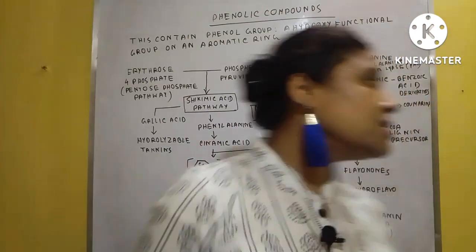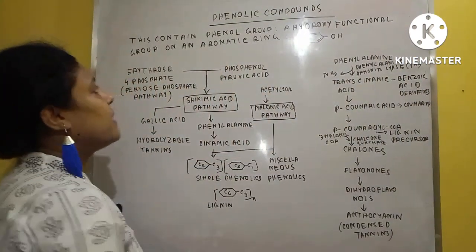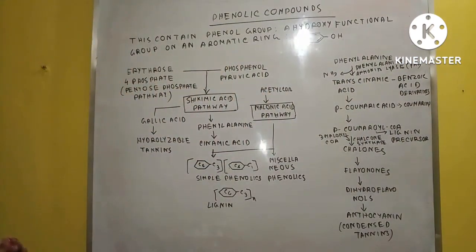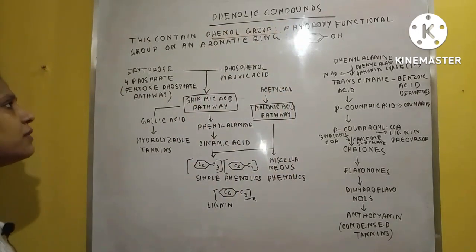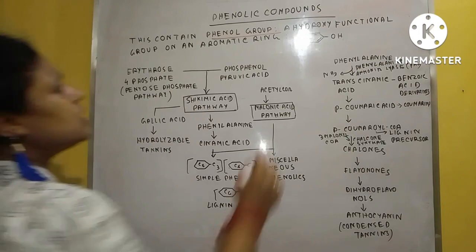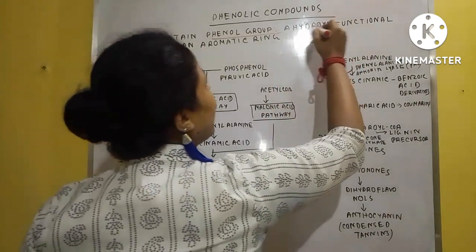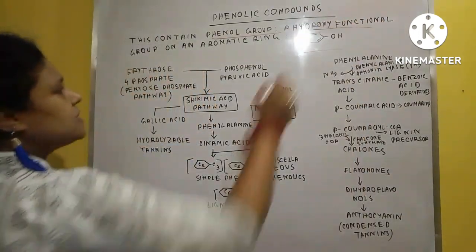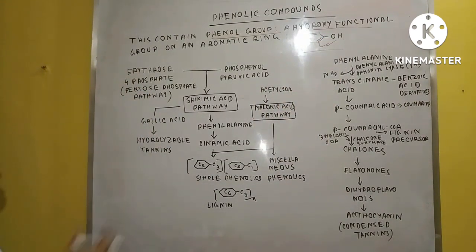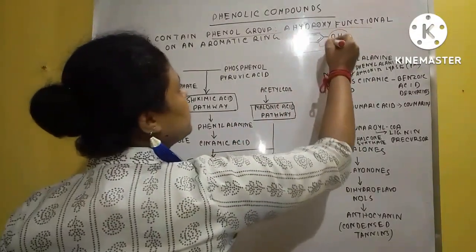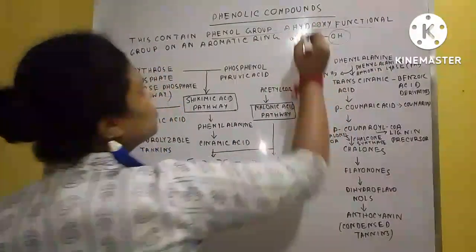Okay, let's start. This is the phenolic compound. What is called a phenolic compound? When a phenol group is present, it is called a phenolic compound. In a phenolic compound, a hydroxyl group is also present. You can see the structure here. This is one kind of secondary metabolite, with a hydroxyl group and a phenol group present.